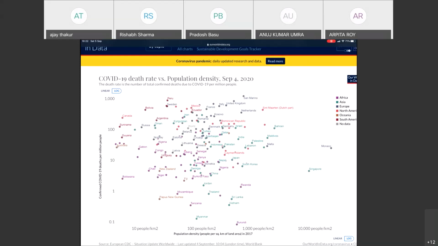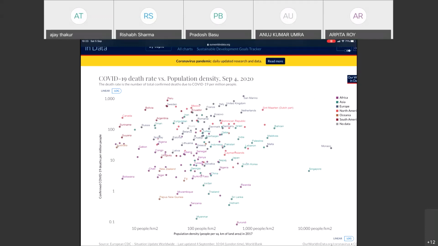So a good parameter would be this: if you are comparing COVID deaths as a function of population density, then you must compare between countries which have had similar incidences of epidemics in the past. For example, if we compare India and Bangladesh, that would be a much better scaling scenario, and that will tell us a much better number.